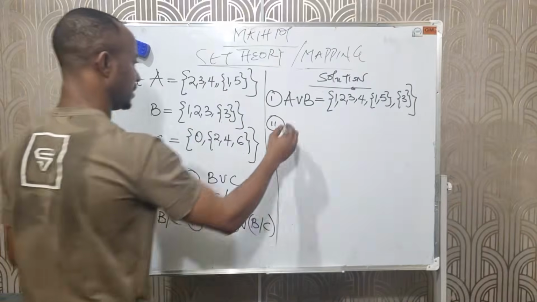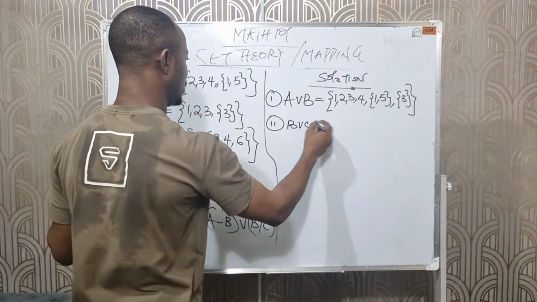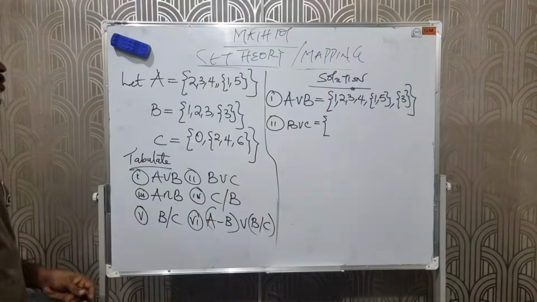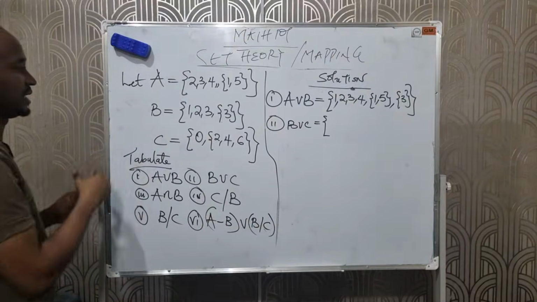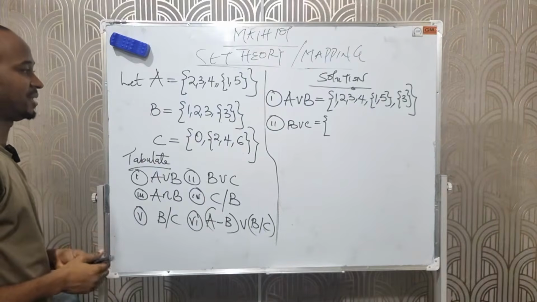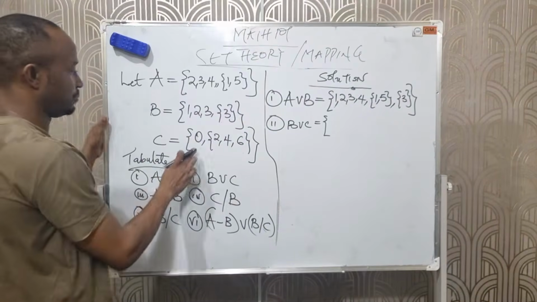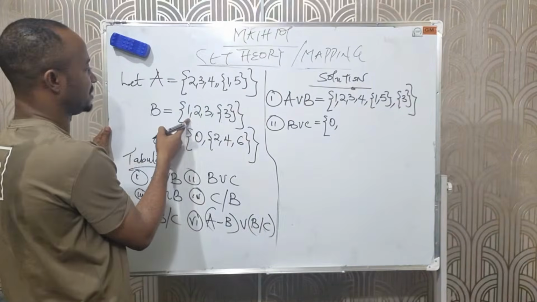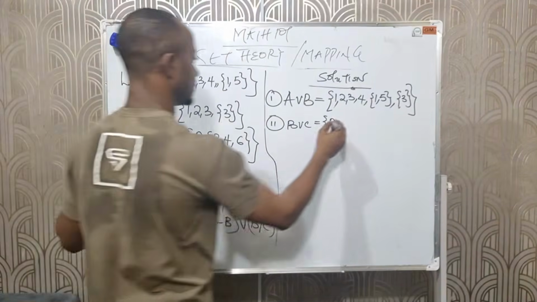Number 2 is B union C. B union C means combining B and C together without repeating any elements. So what we do first is to pick element 0, right? Followed by 1, 2, 3.